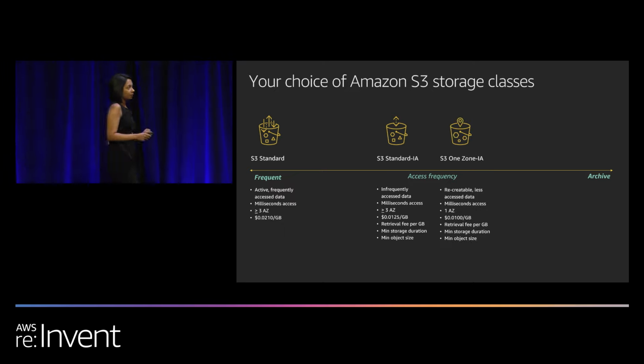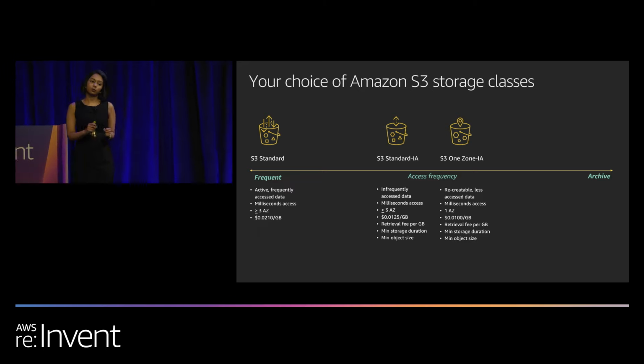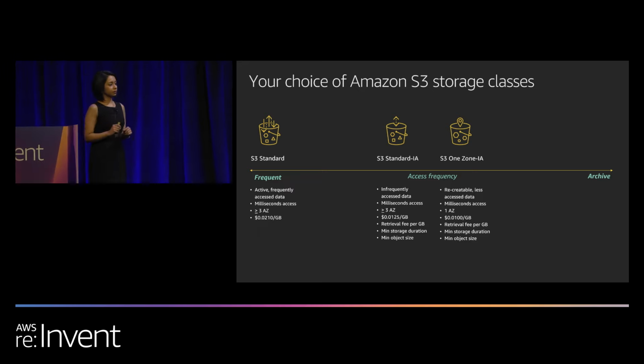Moving on, let's say you have infrequently accessed data, but you don't really care about durability as much. Cost is an even more important factor for you. And this is data you can recreate easily. We recommend you move to OneZone IA, which further reduces cost as compared to S3 infrequent access by a further 20%.